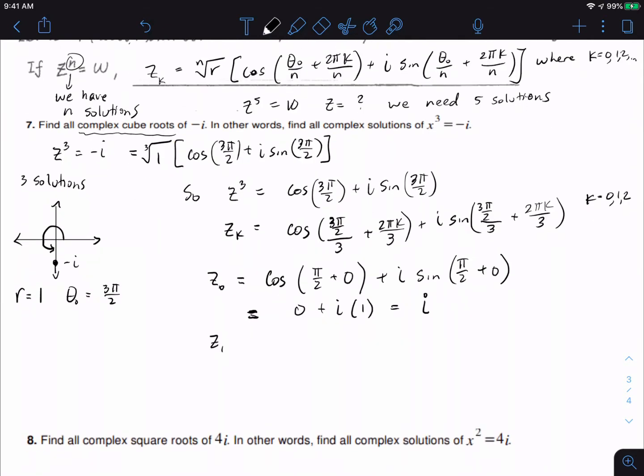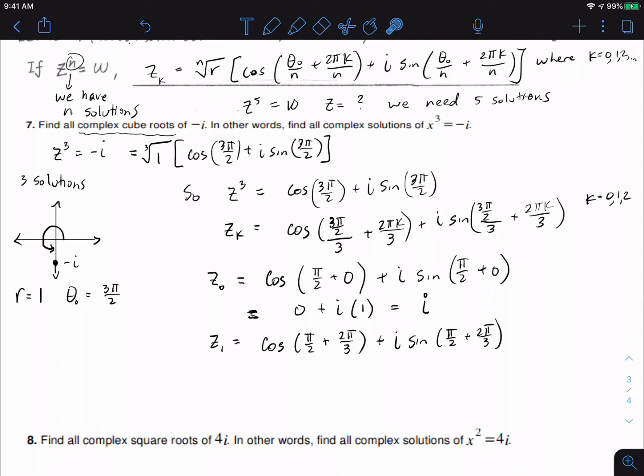Okay? z1 is going to be cosine of pi over 2 plus 2 pi over 3, plus i sine pi over 2 plus 2 pi over 3.